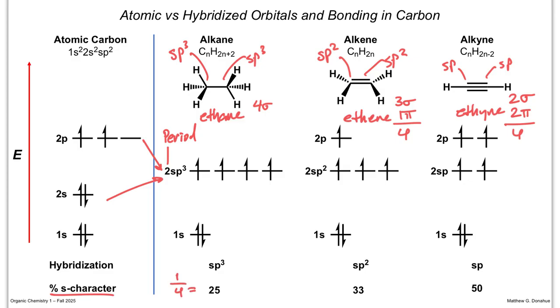So that equals 25%. And then this equals 1 over 3, and that's 1 over 2. So the hybridization, we can talk about %S character, and we'll dive more into that with Module 3. Any questions at this point?